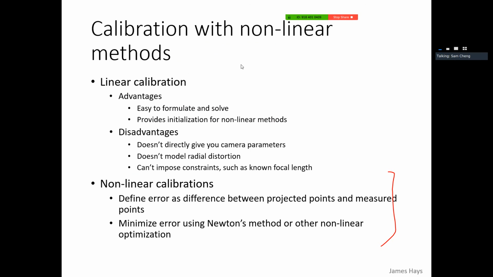The OpenCV demo here actually does this nonlinear calibration, and that becomes an optimization problem, which is more complicated. But I guess we don't need to worry about that because we can just use the OpenCV calibration. Yeah. Great, thank you.